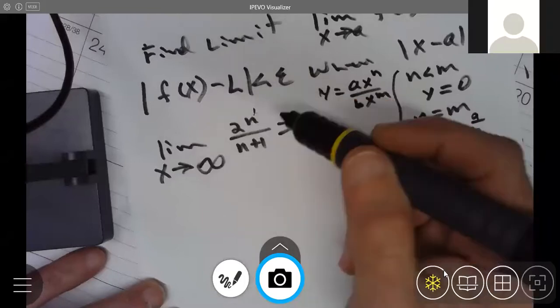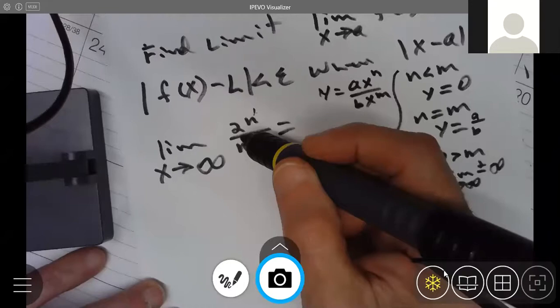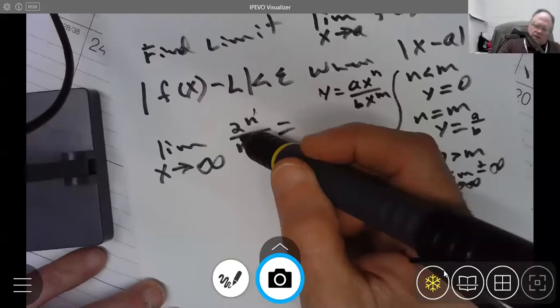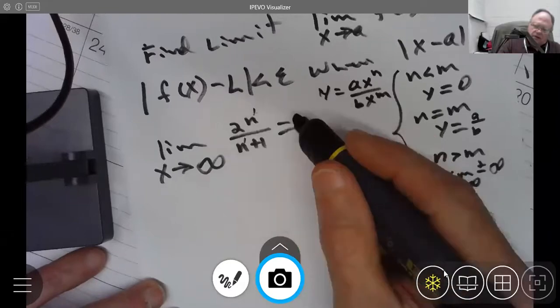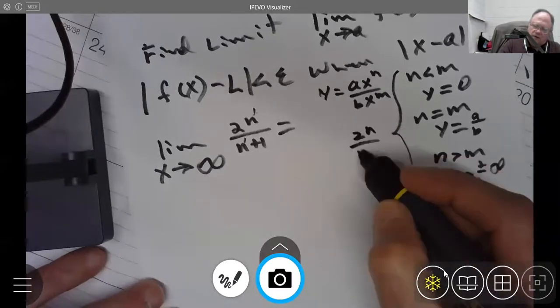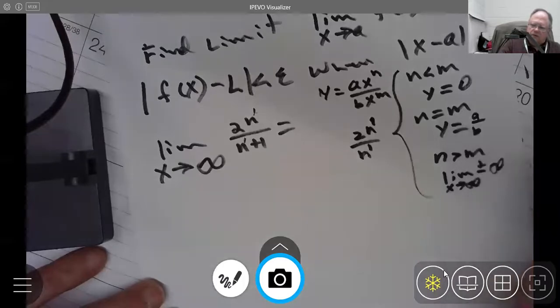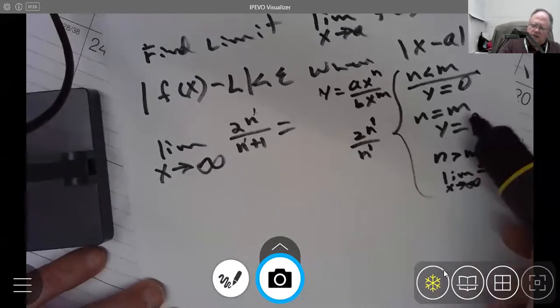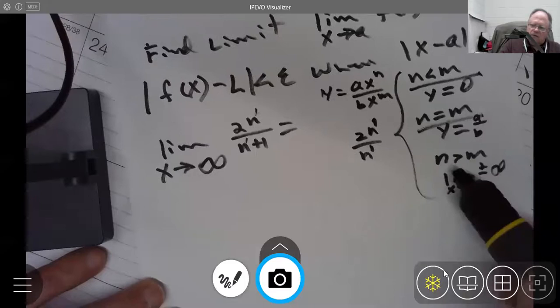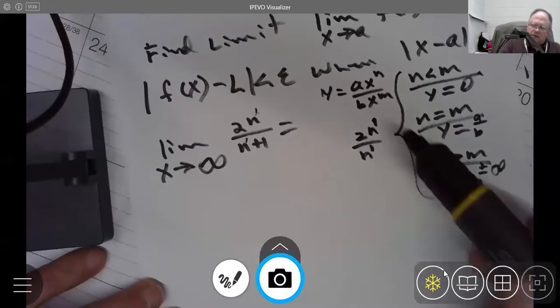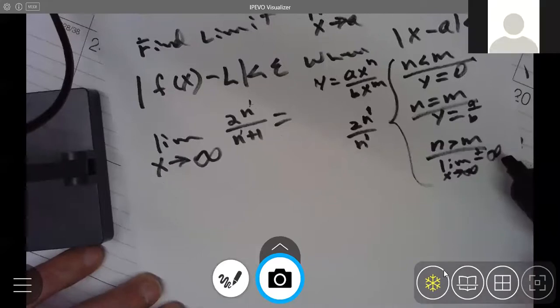What's the exponent here? 1. So you're looking at 2n over 1n. Since this is 1 and this is 1, is the degree of the numerator less than, equal to, or greater than the degree of the denominator? They're equal.